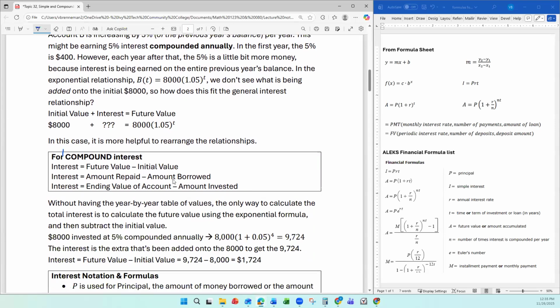So for compound interest, for anything other than simple interest, you first must find the future value, and use that, then subtract to find total interest.